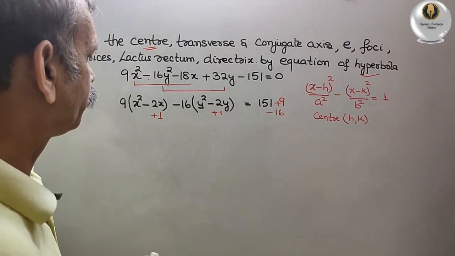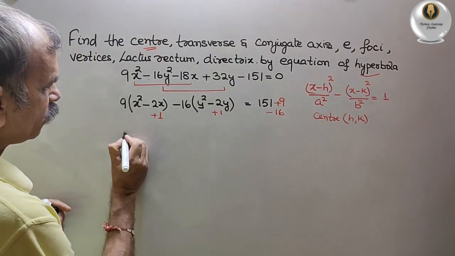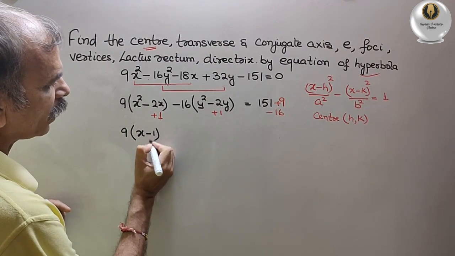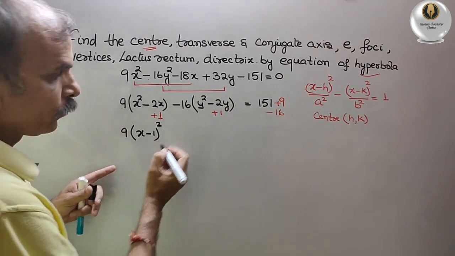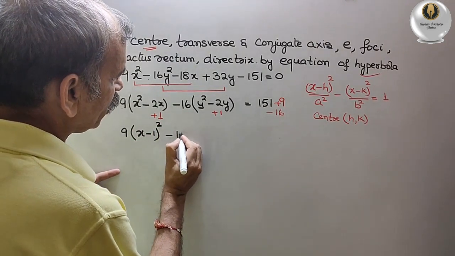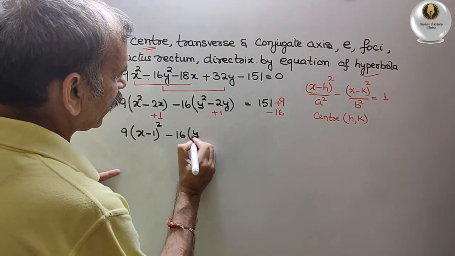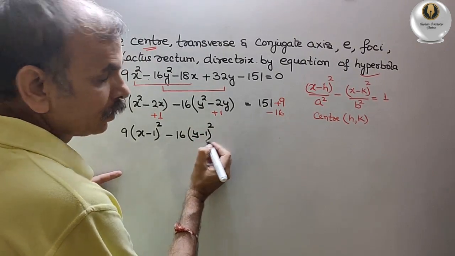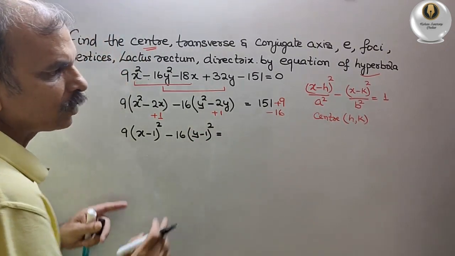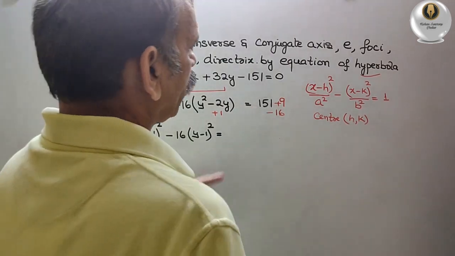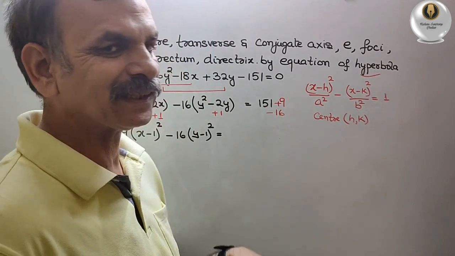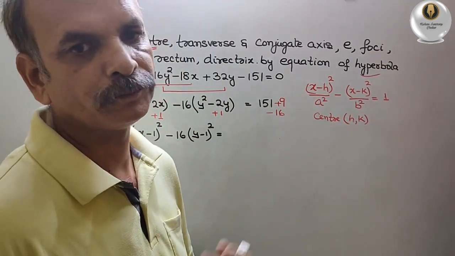Now solve this. We will get 9 into (x minus 1) whole square, minus 16 into (y minus 1) whole square, is equal to 151 plus 9 is 160, and 160 minus 16 is 144.